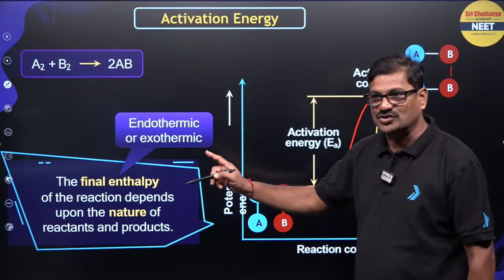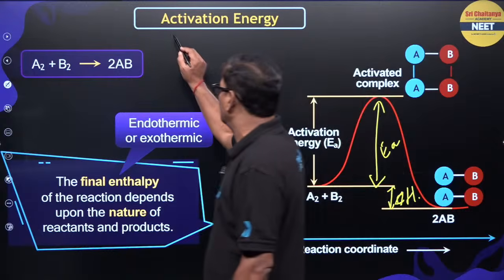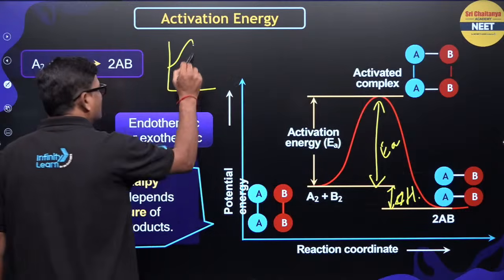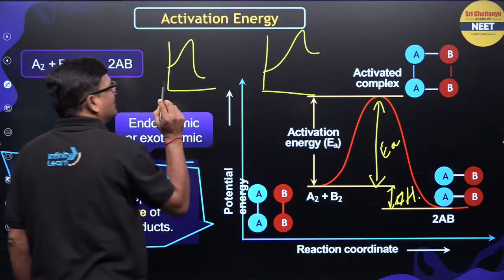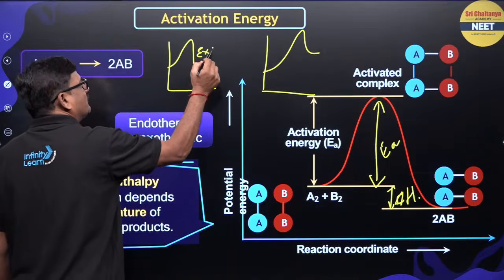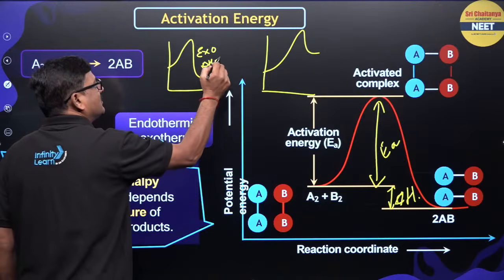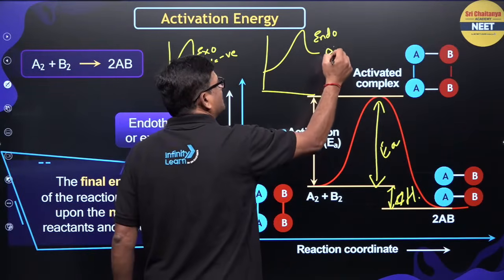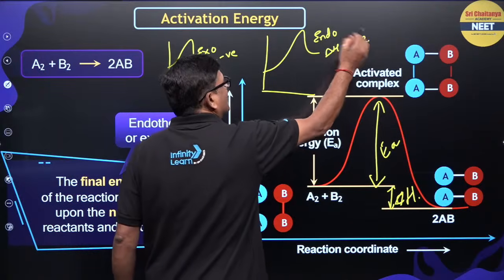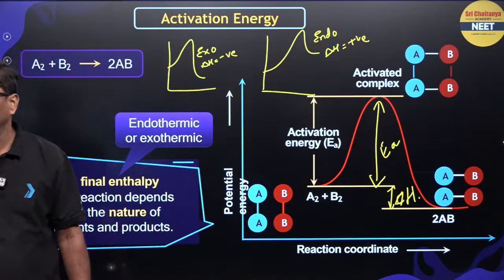It could be exothermic or endothermic. Bachcho, if it is given like this, it is exothermic and delta H is going to be negative, and if endothermic, delta H is going to be positive. It all depends upon like this. Fine.